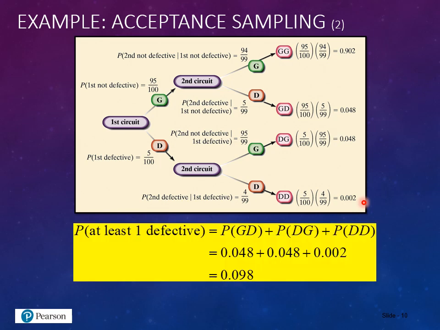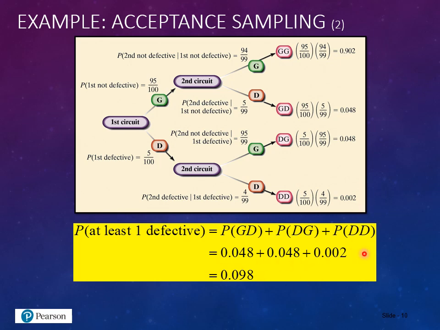0.0002. So the probability that at least one is defective, all we have to do is look through here and look for any of these options that have a D in them. So we have GG, that's not one, GD, DG, and DD. So this is 1 defective, this is 1 defective, and this is 2 defective, which is also included in at least one or more.